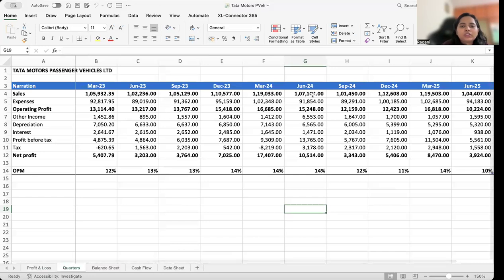Took the data from the sales from June 24, September 24, to June 25.